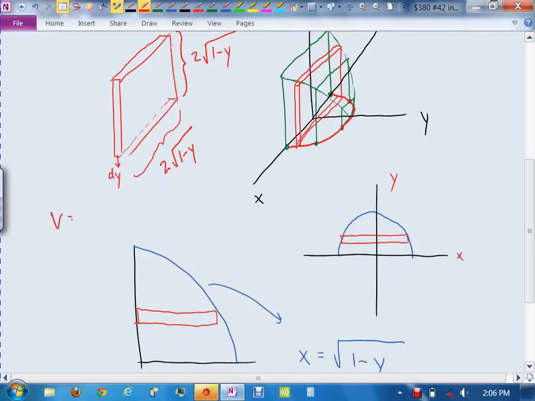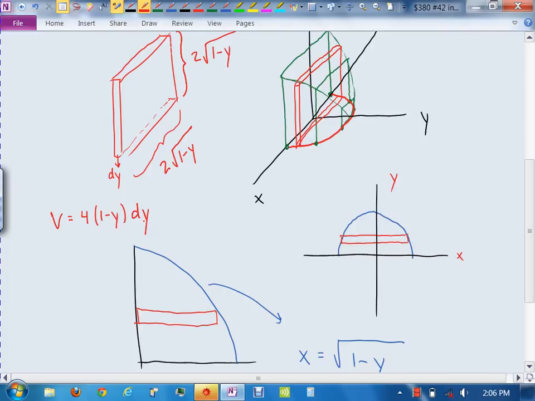The volume of a rectangular solid is length times width times height. So 2 times 2 is 4. Root of something times itself, the root goes away, you get 1 minus y dy. That is the volume of one sliver.